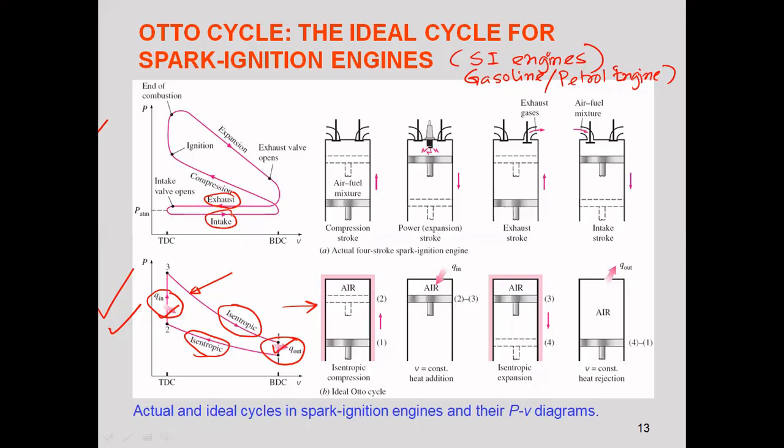So it is not a constant mass system. Intake is always at a subatmospheric pressure, because when the piston is moving downward, there will be a vacuum inside. And remember always that the pressure and volume here are the pressure and volume of the system or the control volume.